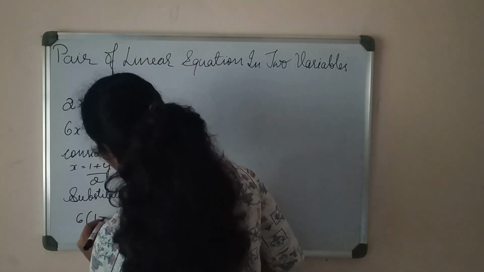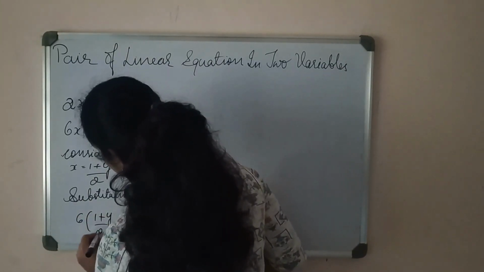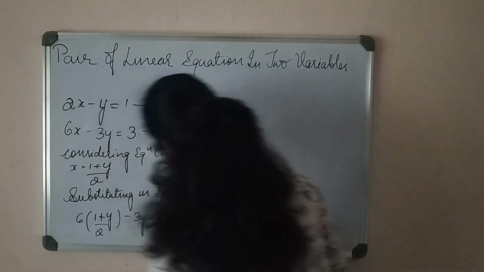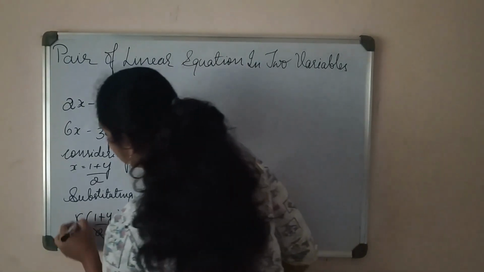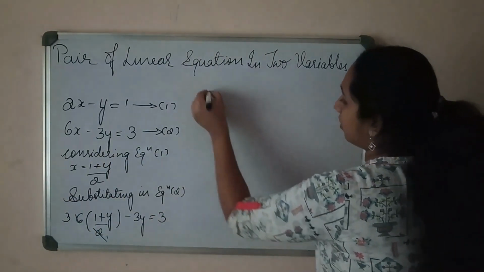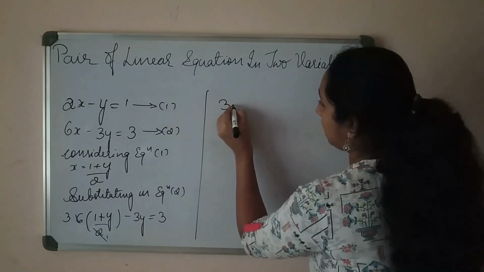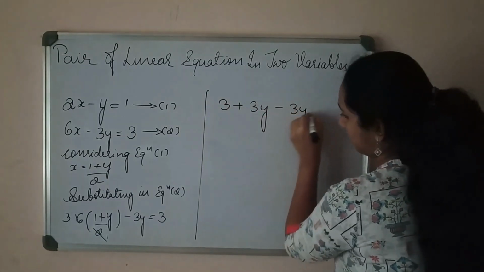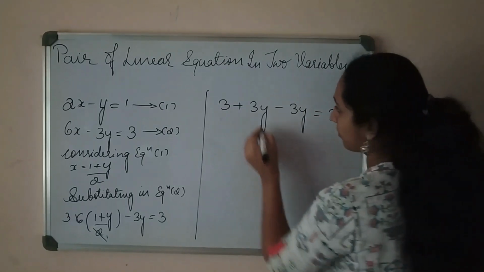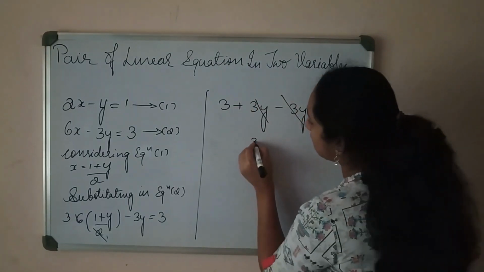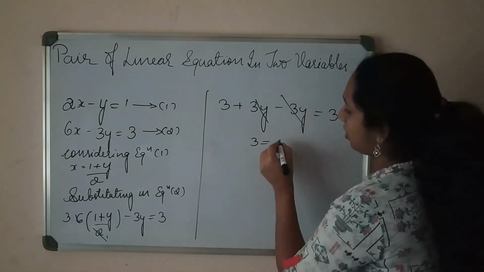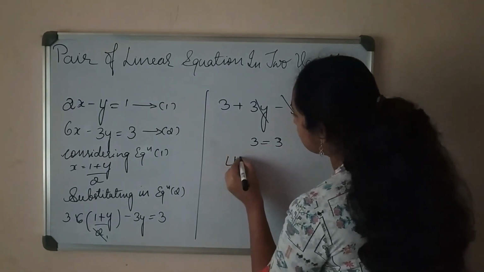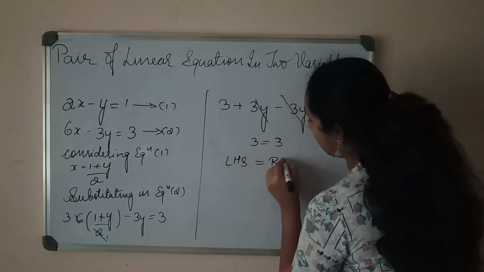Substituting it in equation 2: 6 into (1 plus y) divided by 2 minus 3y is equal to 3. So, 3 plus 3y minus 3y is equal to 3. These two go. 3 is equal to 3. So here, if we observe, I am getting LHS equal to RHS.